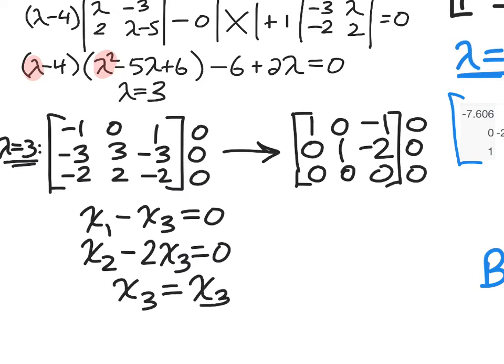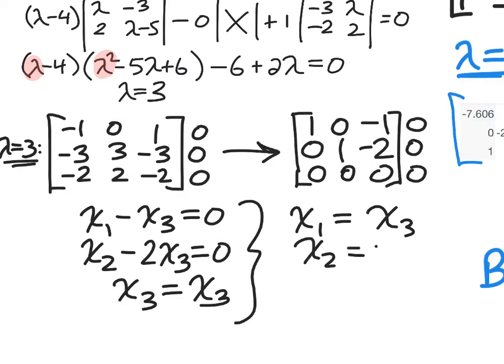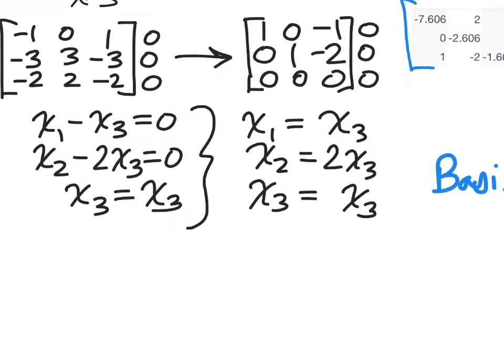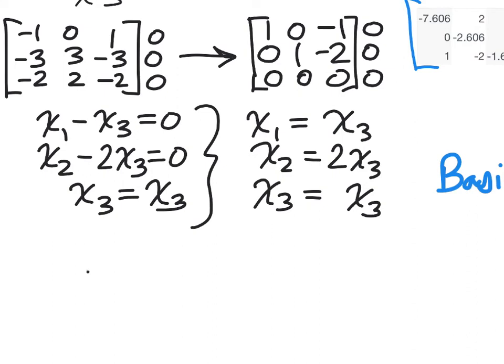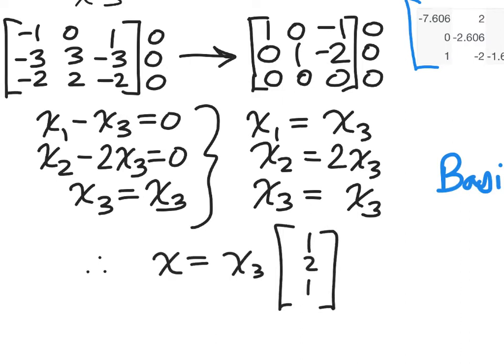All right, so this goes all the way back to, I think, unit 1, if I'm not mistaken. x1 equals x3. x2 equals 2x3. And x3 is equal to x3. So that's telling me that x is equal to x3 multiplied by (1, 2, 1).